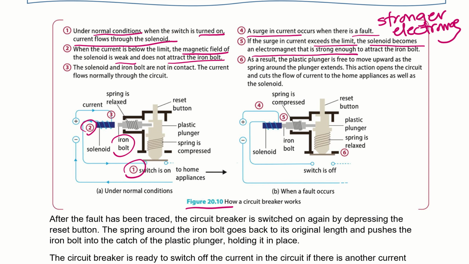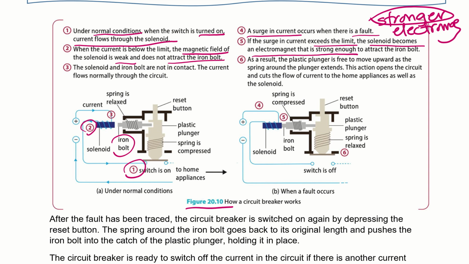The key word here is stronger. You cannot say that if the surge in current exceeds the limit, the solenoid becomes an electromagnet, because it was already an electromagnet. It just wasn't strong enough, because the current is below the circuit breaker limit.